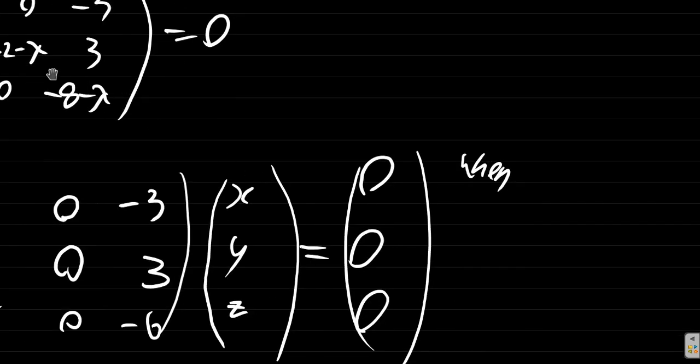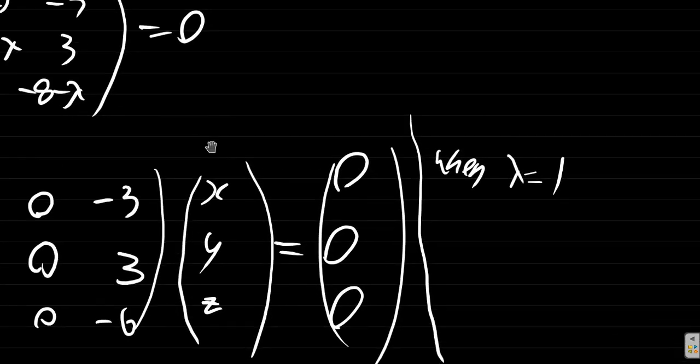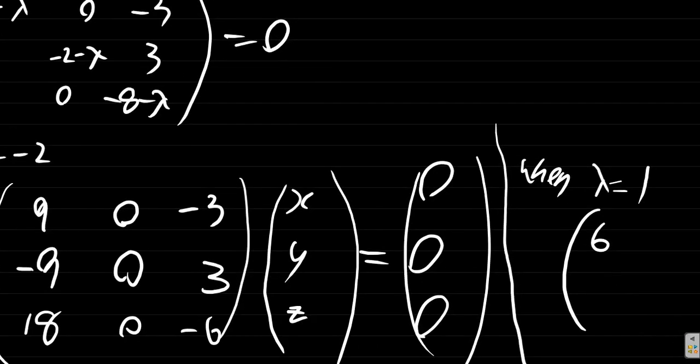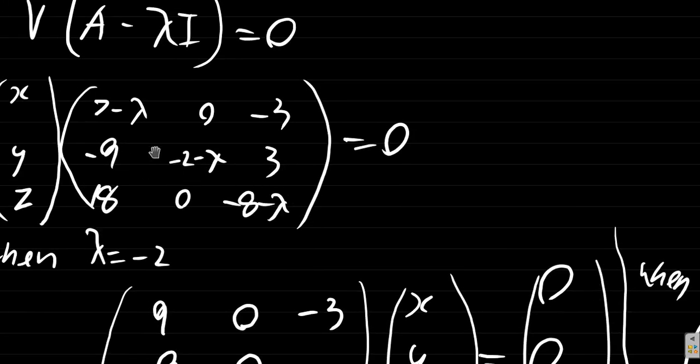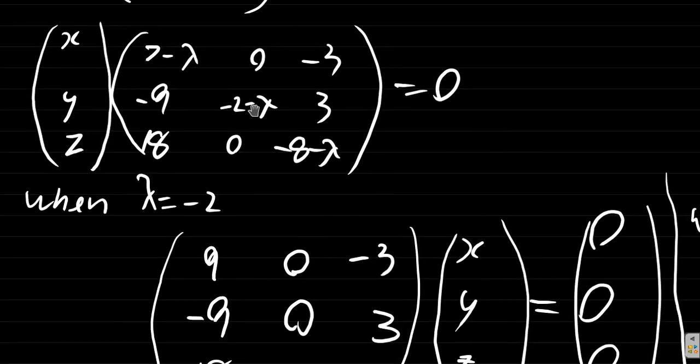When lambda equals 1, you're going to have 7 minus 1 is 6, 0, negative 3. Then you have negative 9. Then you have negative 2 minus lambda.